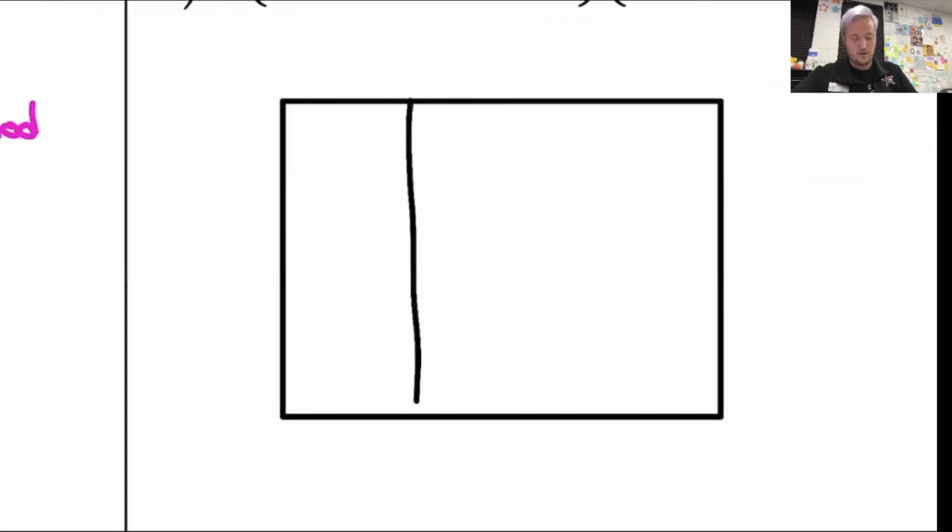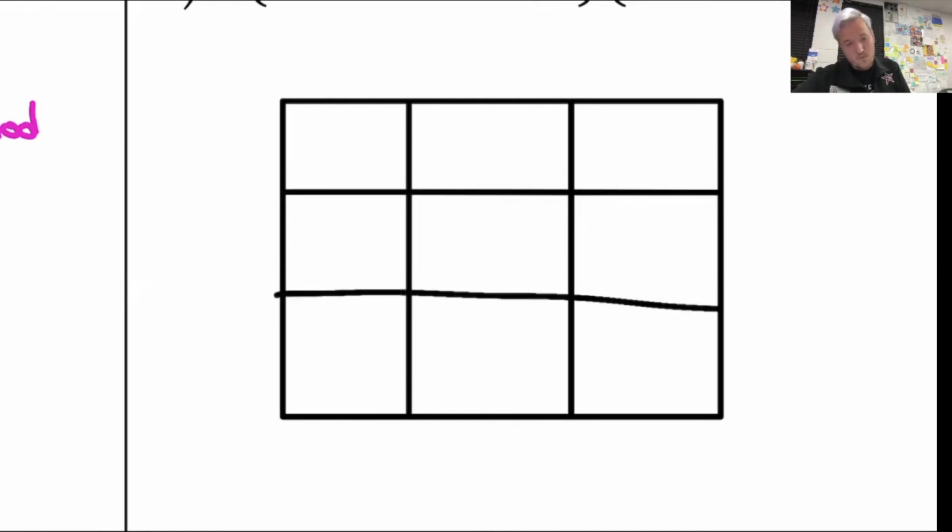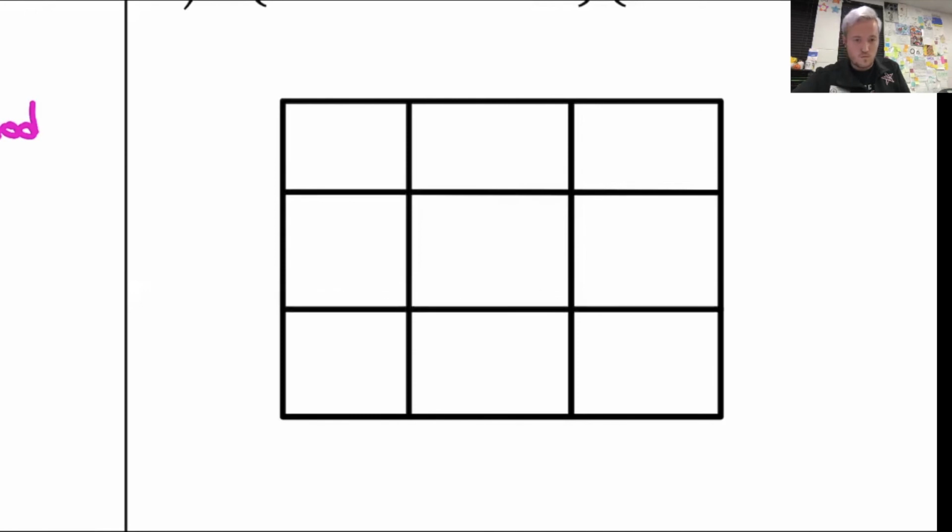So we need 3 columns by 3 rows. Let's try to adjust it a smidge.